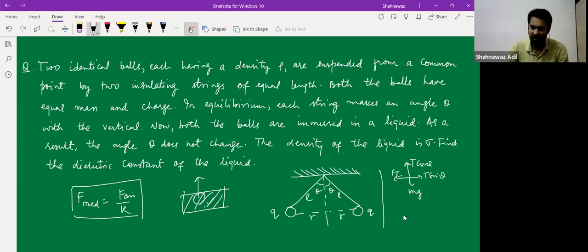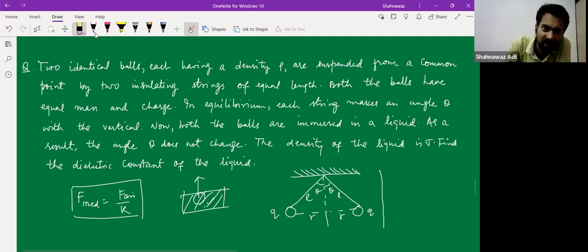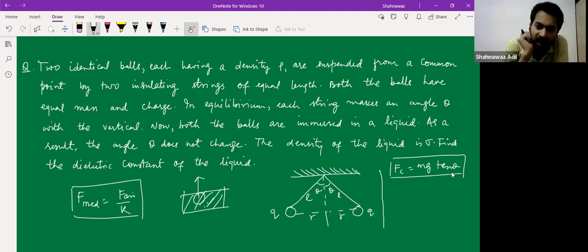So Fc was T sin theta and mg was T cos theta. So Fc by mg was tan theta. So Fc was mg tan theta, right? This we know already. In the previous question, we have done this. So Fc is mg tan theta. Right, guys? Now this system is immersed in the liquid, in some liquid. Okay.